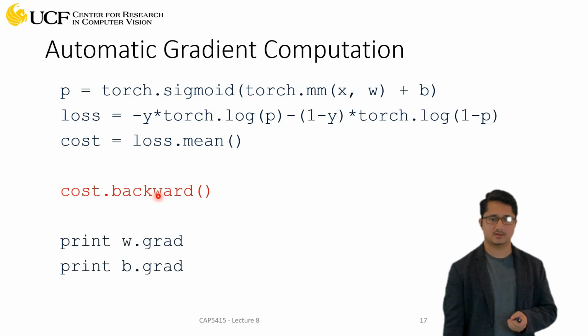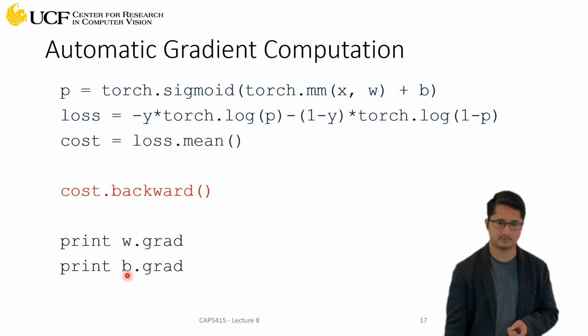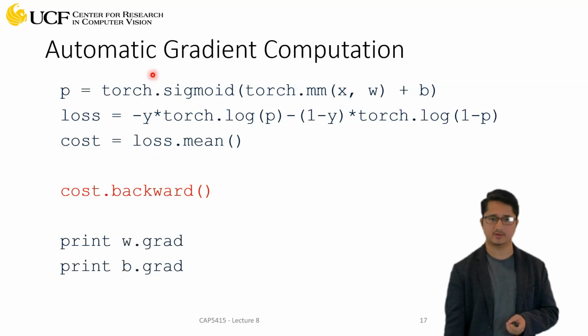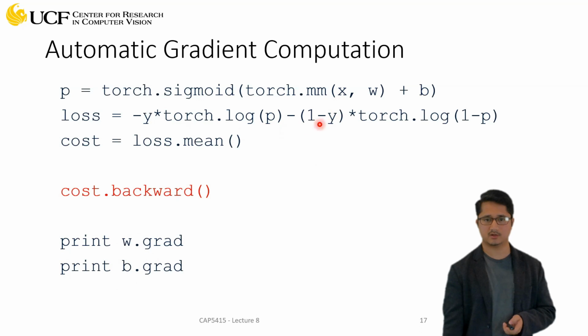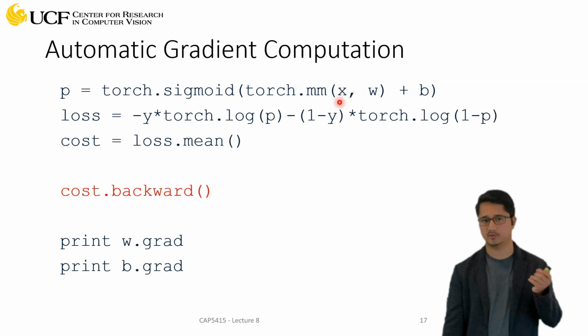And once you run this backward, you can see what is the value of the weights and what are the values of the biases. So when you train this thing over different samples, these values will change. Of course, Y is your ground truth, so you don't have to worry about that. You will provide that to train the network. And X is again your training sample, so you will provide that.